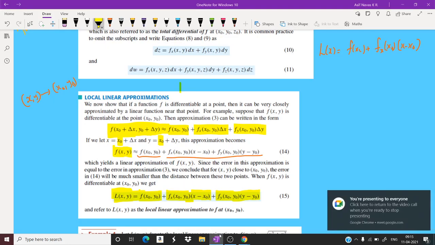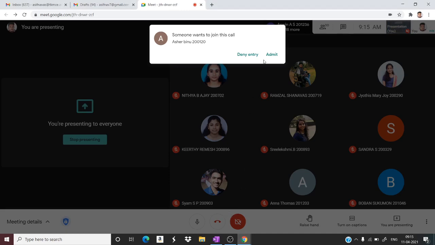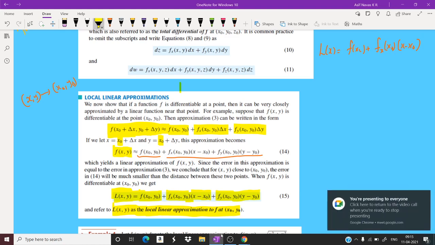And this L of xy is called the local linear approximation.